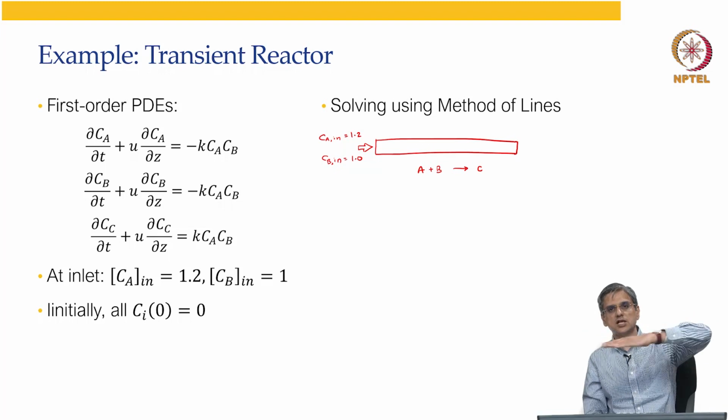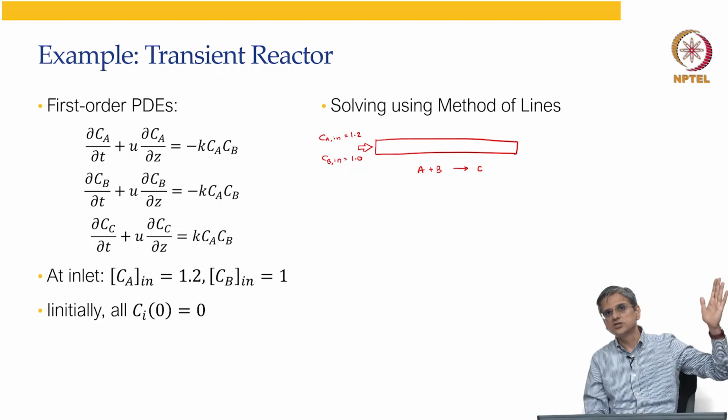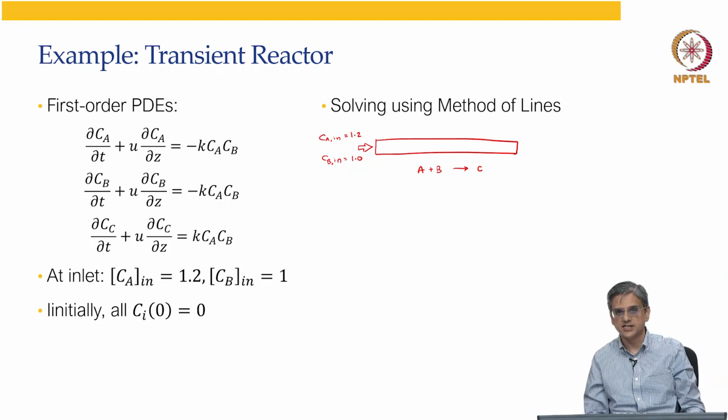Initially there is no concentration in the tube, the tube is empty, that is why CA, CB, CC are all 0. At time 0 you start flowing CA and CB into the system, and as they flow in, they react with each other to form C. So, that is the problem.